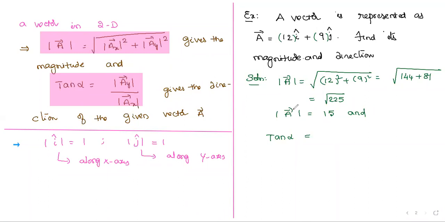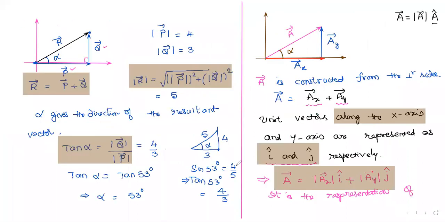Wow, 3 by 4. Very good. Mod AY is 9 divided by mod AX, which is 12. Yeah, 0.75. Instead of saying 0.75, all of you forgot the 3, 4, 5 right angle triangle. Yeah, 3 by 4.